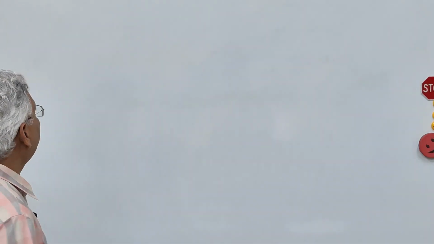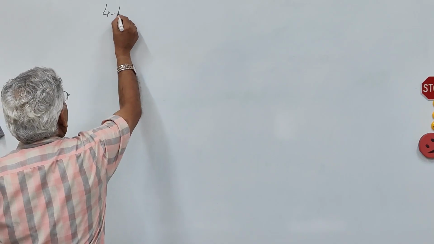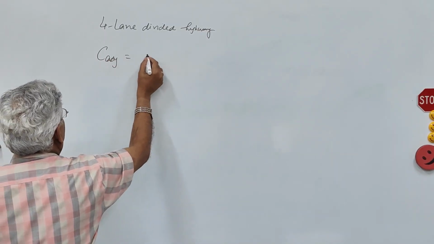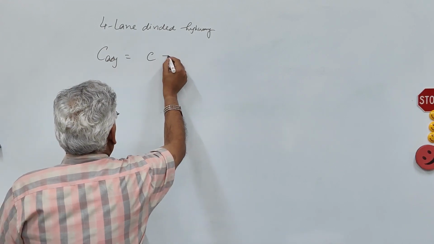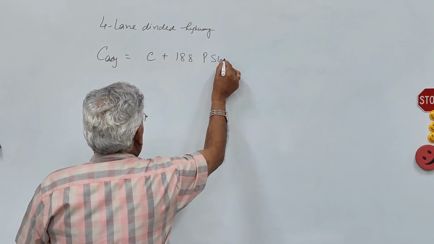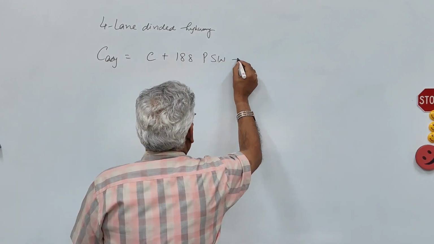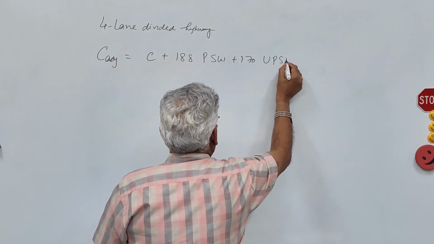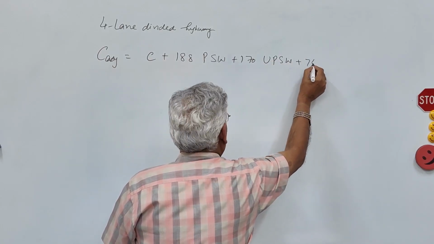So in case of 4-lane divided road, adjusted capacity is given by this equation: C plus 188 PSW plus 170 UPSW plus 74.